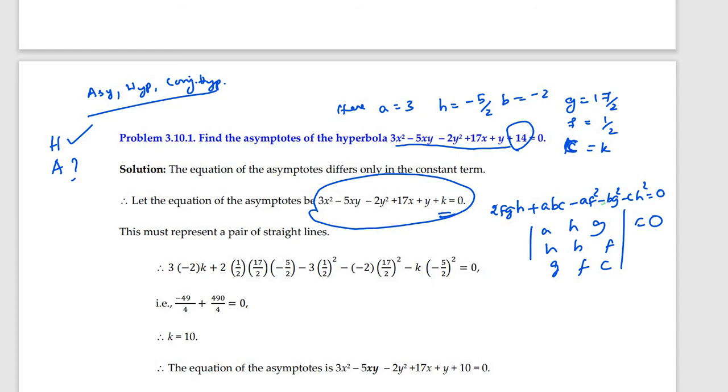So you just compare the given one with ax square plus 2hxy plus by square plus 2gx plus 2fy plus c. If you identify these two, a stands for 3, h is minus 5 by 2, b is minus 2, g is 17 by 2, f is half and c is k.